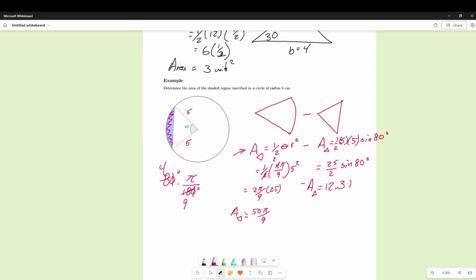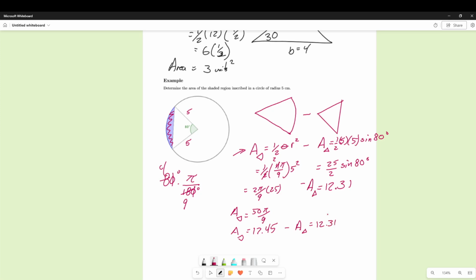So 50 pi over 9, just to get a decimal approximation for comparison, 17.45. 17.45 is the area of our sector. So subtract the area of our triangle.